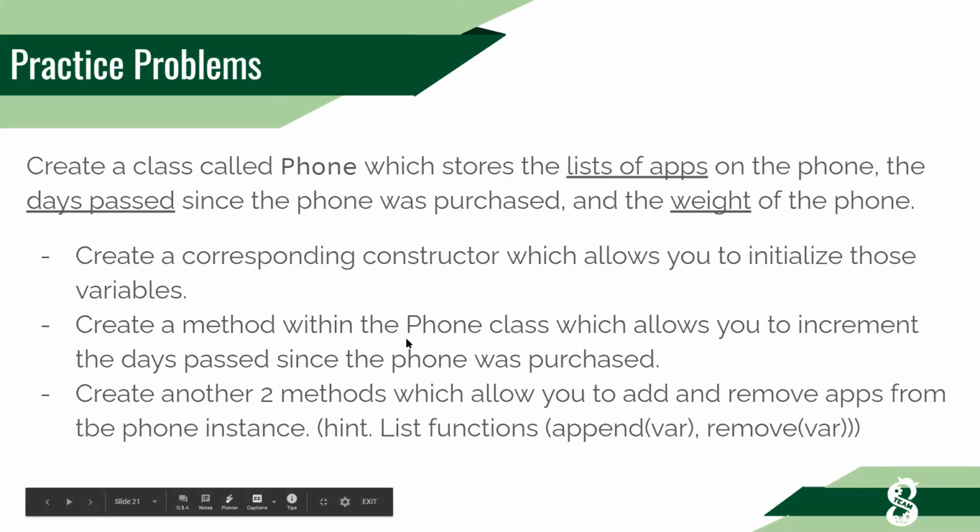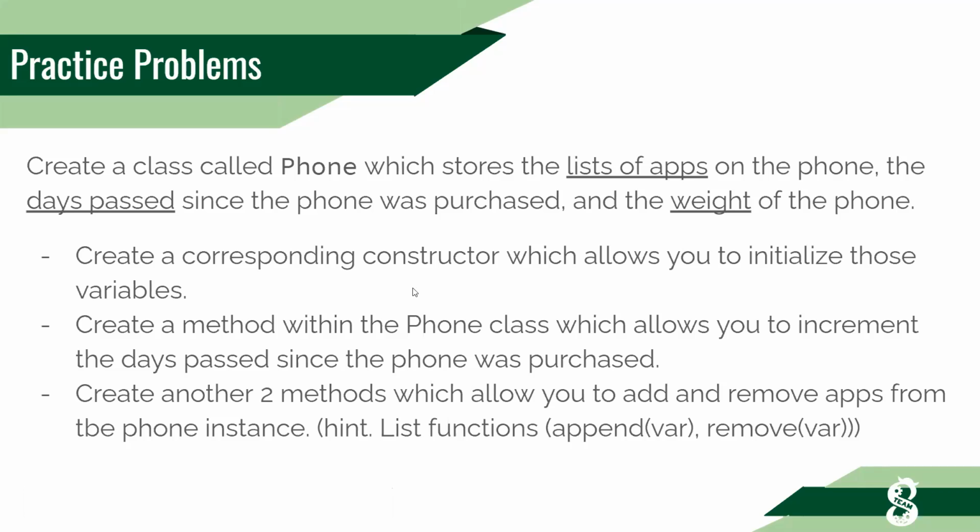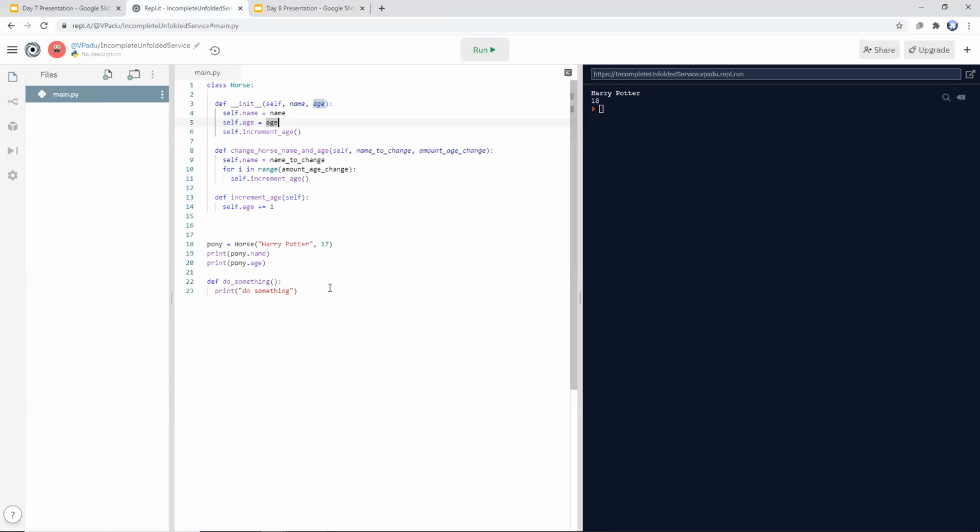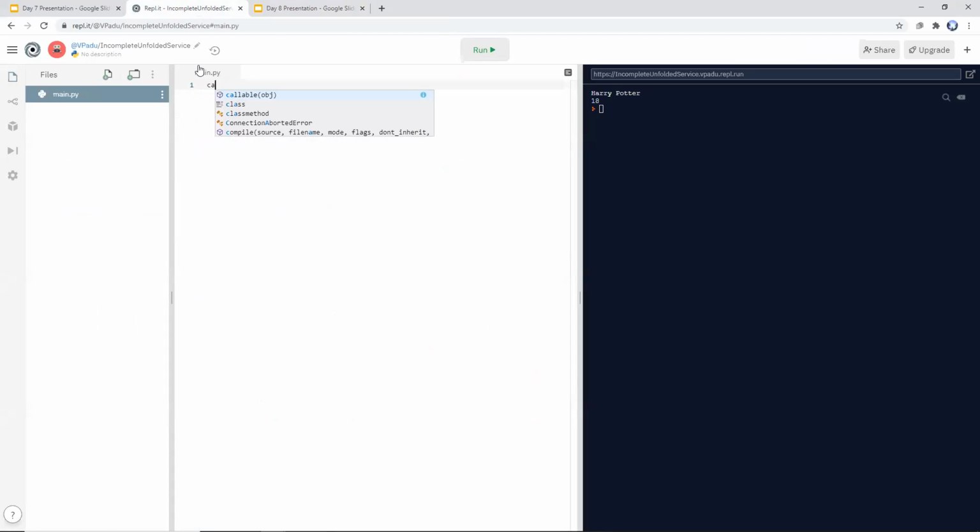So first thing we're gonna do is create our constructor that has our phone in it. So I want you guys to follow along with me. So let's start with our class phone, right? Then we'll create our constructor.